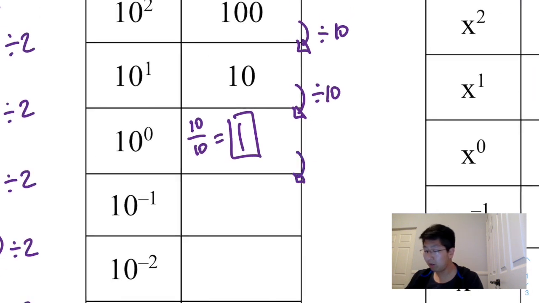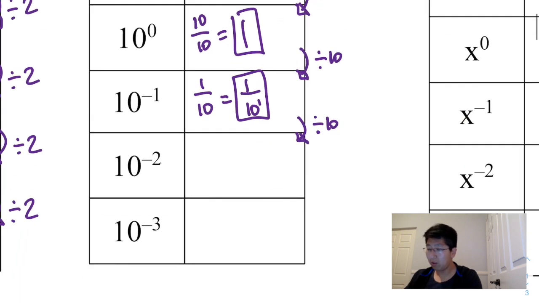I'm going to keep moving on. Divide by 10. 10 to the negative first power is going to be 1 divided by 10. We could also say that is 1 divided by 10 to the first power. We'll keep moving this along. Divide by 10. So 10 to the negative second power is going to equal 1 over 100, which equals 1 over 10 to the second power, and divide by 10 again.